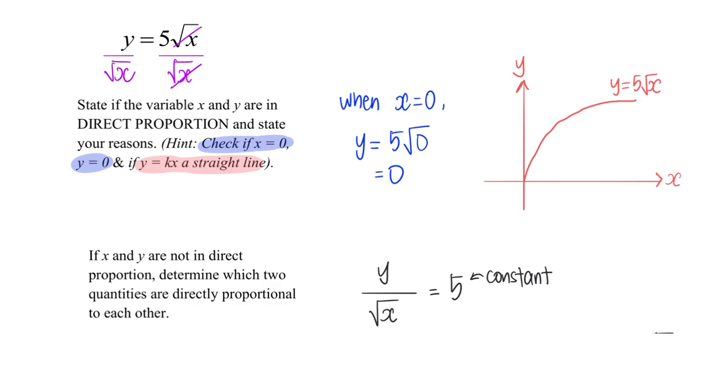And therefore, I have successfully identified the two quantities that are directly proportional to each other. Y and square root x. Not just x, but square root x.